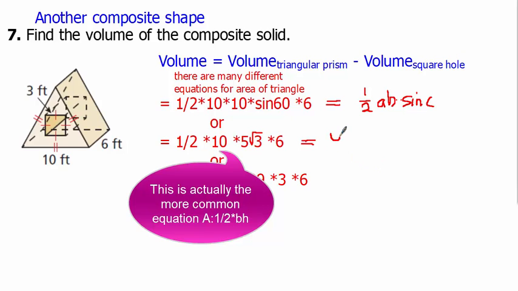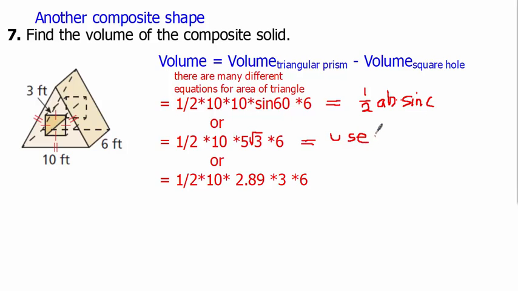We used a 1, 2, square root of 3 triangle, 30, 60, 90. And in using that 1, 2, square root of 3 triangle, we found this height. So this is base times height divided by 2. The last 6 here is the height of the shape to make the volume.